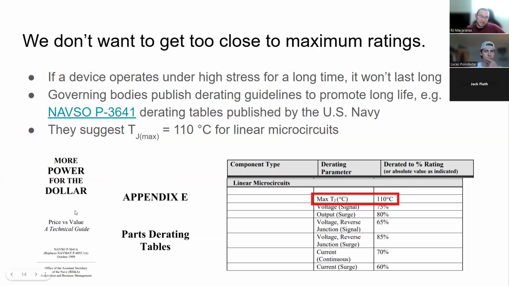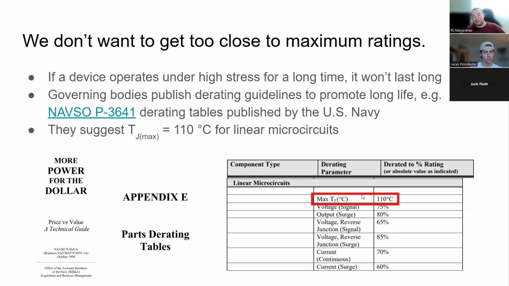So if you find this NAVSO P3641A document, which I've linked here, it's a really long document, but at the end of it, they have these tables that outline, for a lot of different parts, right? Like resistors, capacitors, diodes, what kind of voltage stresses or current stresses, all these different stresses that you should be operating under.